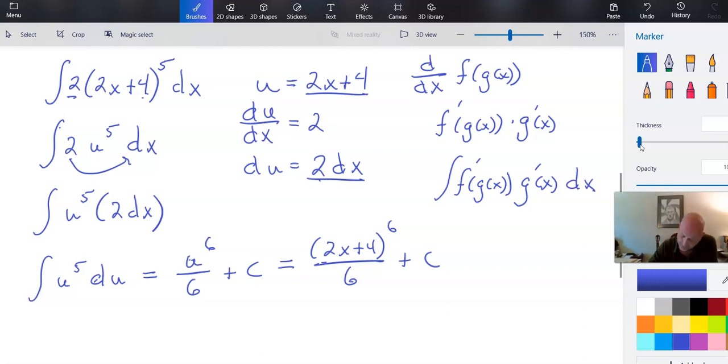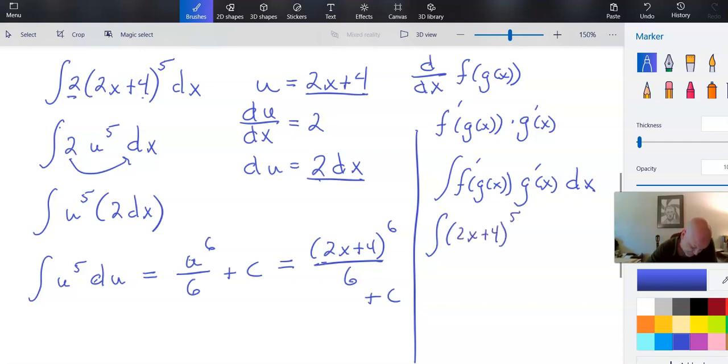If I take this integral, let me move some of this stuff over so I don't bleed over here. We'll put a plus c here so we know it's there. If I look at the integral I just computed, and I'm going to rewrite the order, this is 2x plus 4 to the 5th times 2 dx, right? That's what we're looking at.